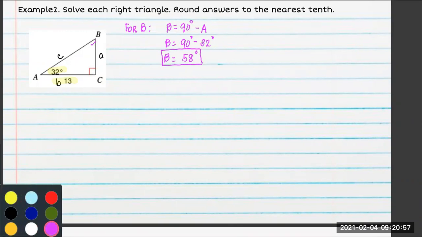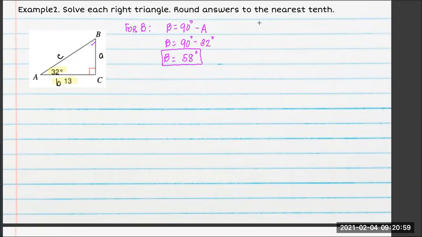Now let's solve for side A. Using the two given parts, okay? So we'll use side B and angle A to solve for A. Okay, in relation to the given angle, side A is the opposite side, right?